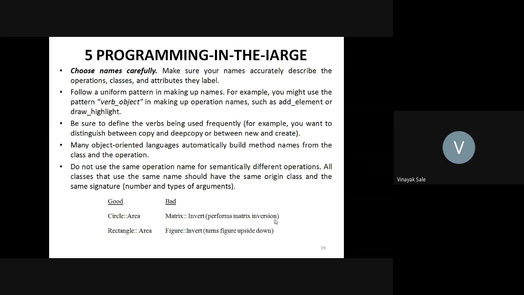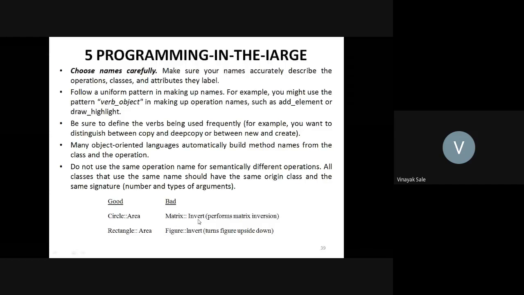So here is one example given of a good class and a bad class. Suppose there is a class circle, its function is area. This is good, but this class is matrix and its function is invert.